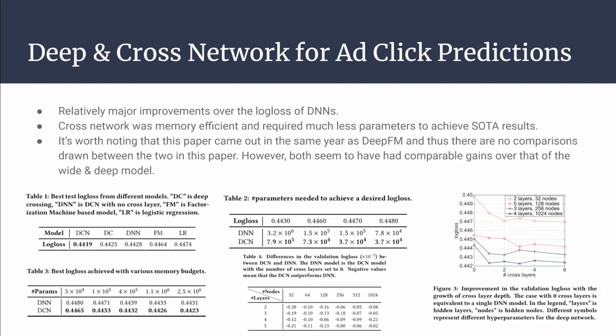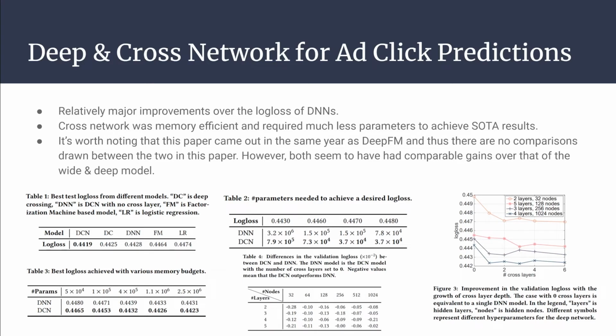Some other results that you can see in table 3 and table 2: in terms of efficiency, the deep cross network would need a lot fewer parameters in order to achieve the same log loss value as a deep neural network.